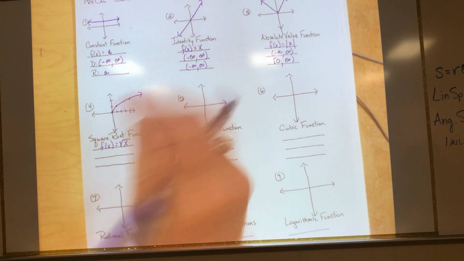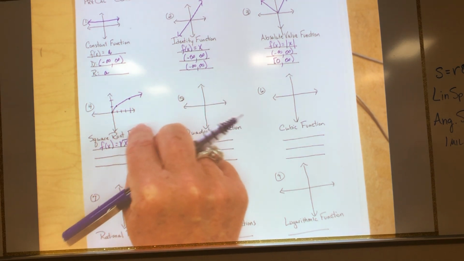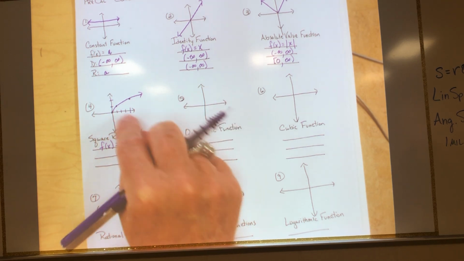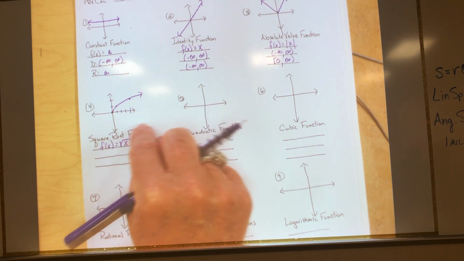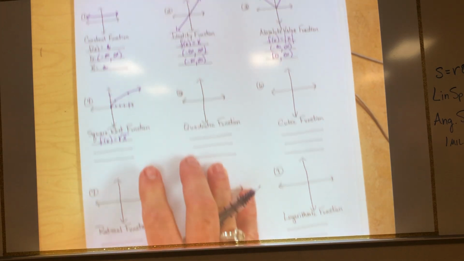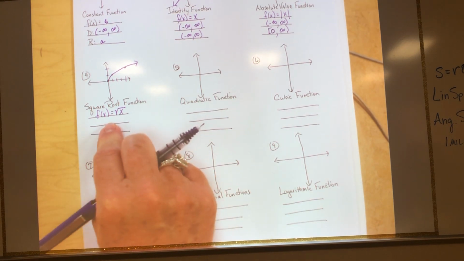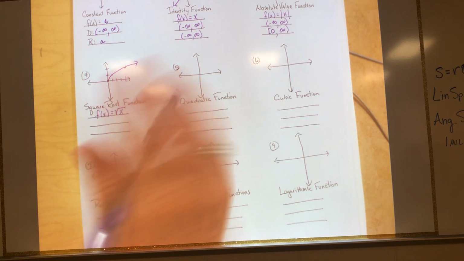And y'all, actually what it is, it's like the top half of a sideways parabola. The other part would have been down here, but it's not there. So this is what a square root function looks like when you graph it. Can you tell me about his domain? It starts at 0.